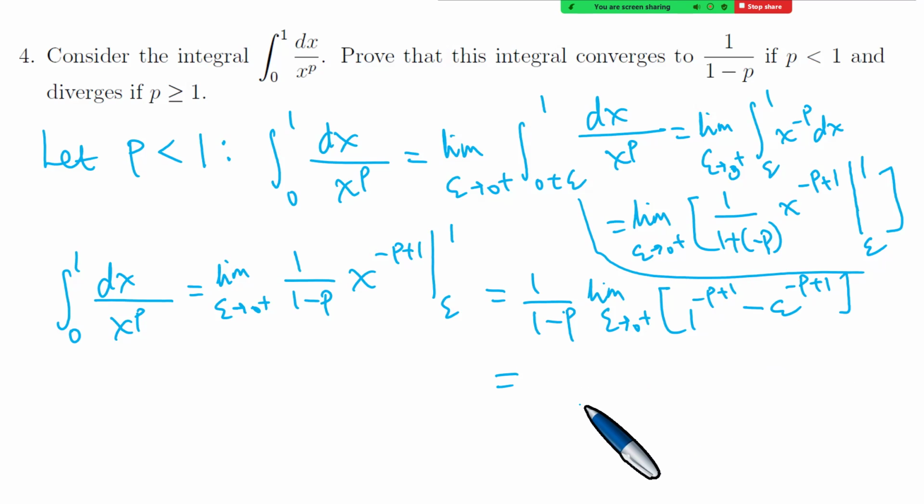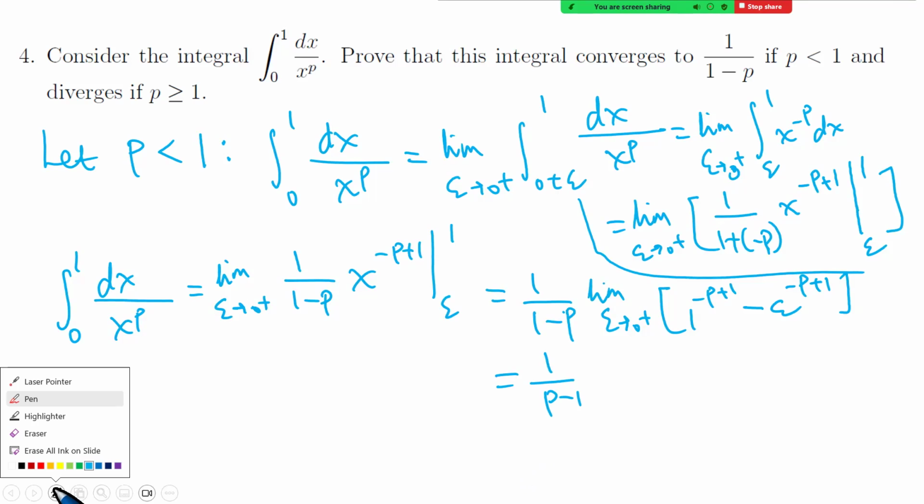Okay, let us check this out. So p is less than 1, meaning that p can be 0, making this a 1. And if p is less than 1, so now this is going to become what? 1 over 1 minus p.